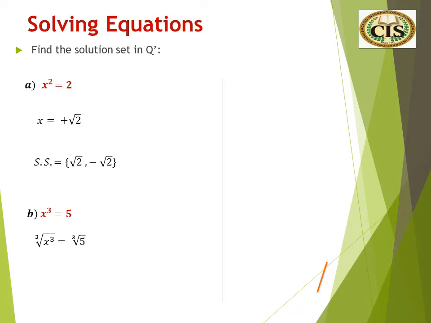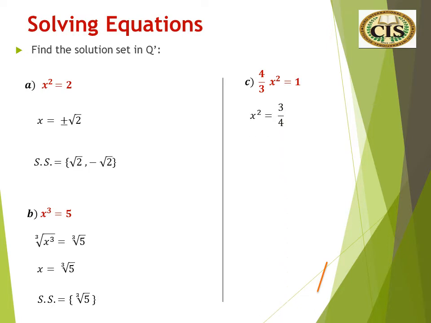X power 3 equals 5. As a power, we find the root. X to the power 3, so x equals cubic root of 5. It's an irrational number belonging to Q dash. Solution set equals cubic root of 5. Next, 4 over 3 x power 2 equals 1. Multiply the two sides by 3 over 4.